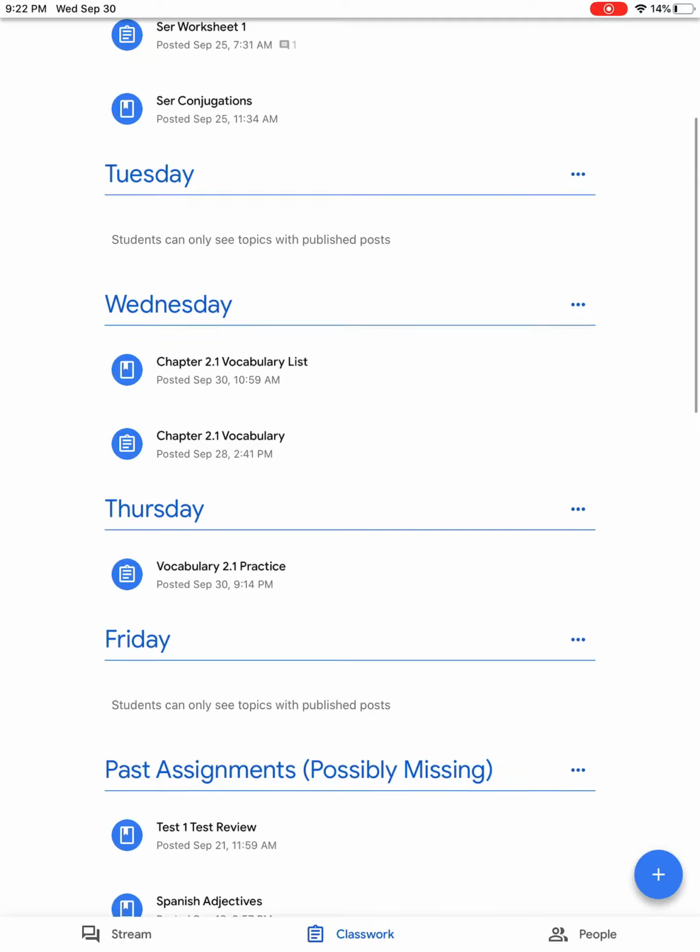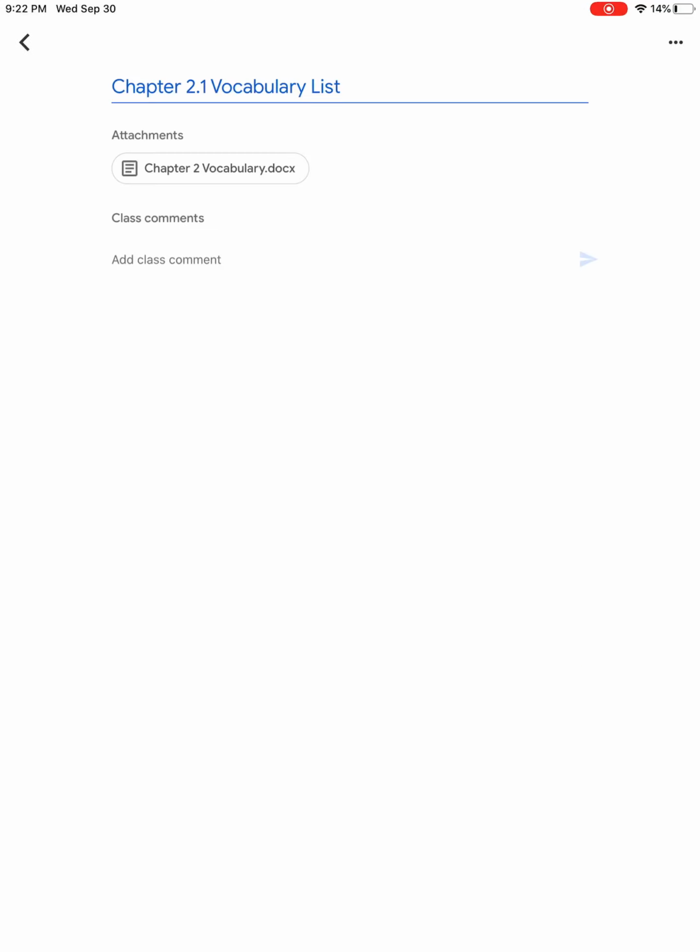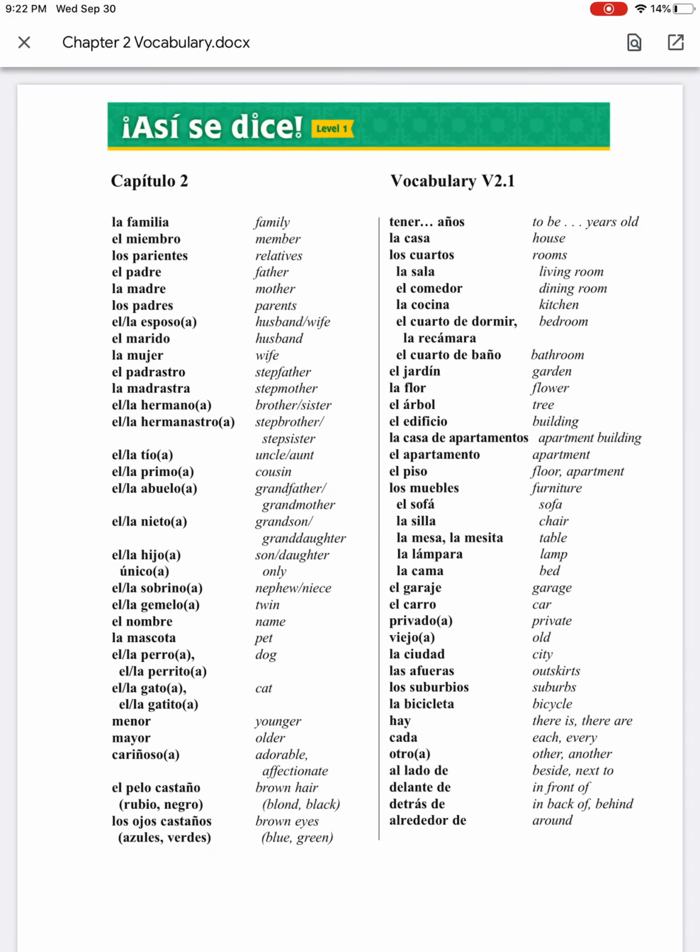Okay, so next I want to go over some of the vocab. So I'm just going to say the vocab words, and I'm expecting you to repeat after me. Right now we only have the left side of the chart.